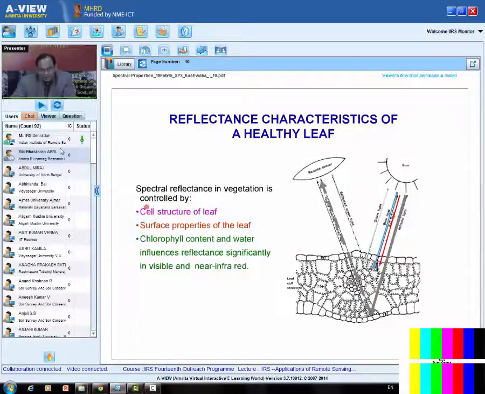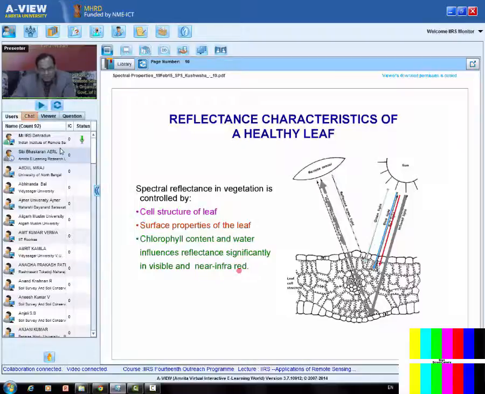And you see, cell structure is important. Surface properties of the leaf are important. A leaf with a reflective surface is a lot better than a leaf whose top surface has bristles or hair. Chlorophyll content, of course, is the total quantity or density of chlorophyll per unit area, and water content inside the leaf influences reflectance significantly.